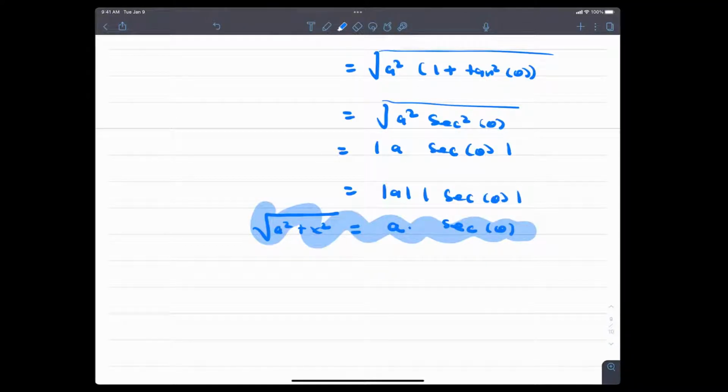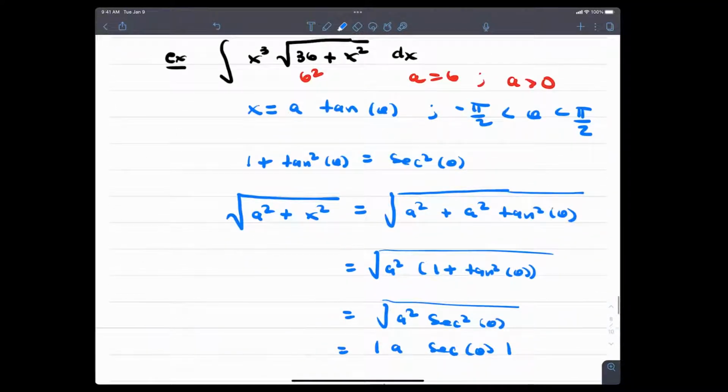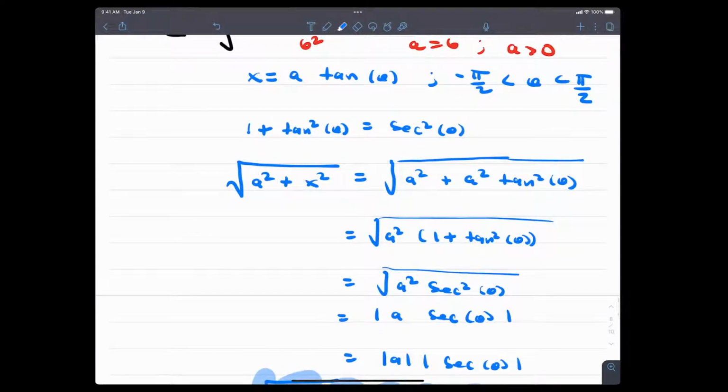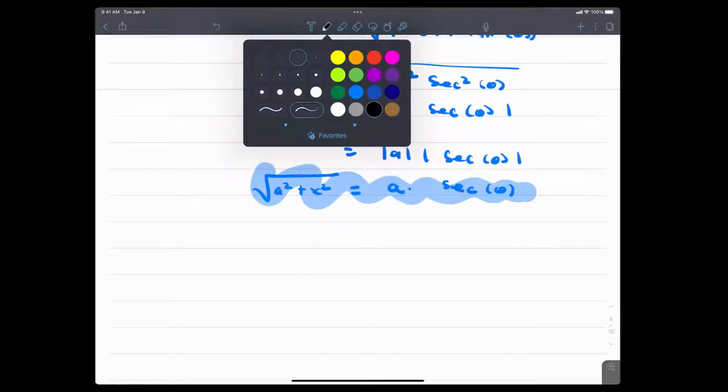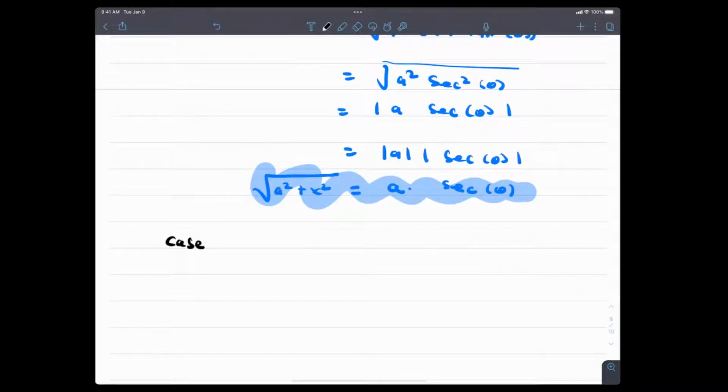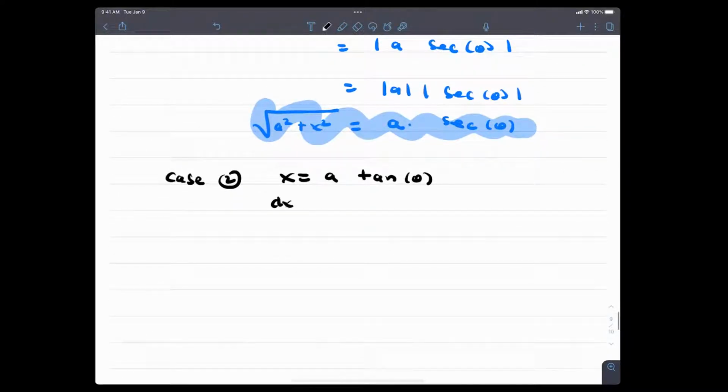So some books actually from the start will tell you that. They'll just give you this. You know what they'll do? They'll say x is a tangent theta. So this is the case 2 situation. Some books say, hey, use x is a tangent theta and use derivative of a tangent theta. What's that derivative? Isn't that secant squared theta? d theta.